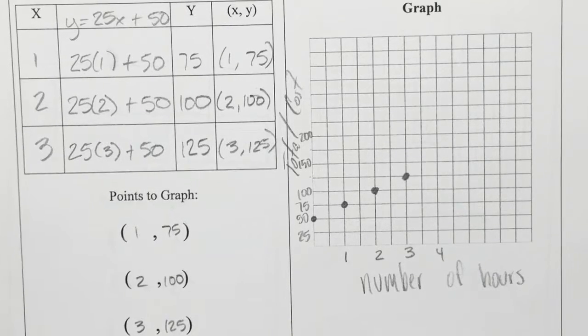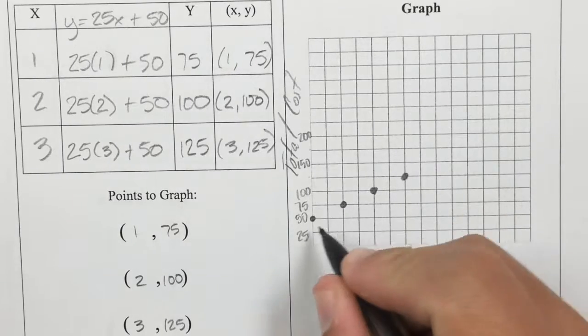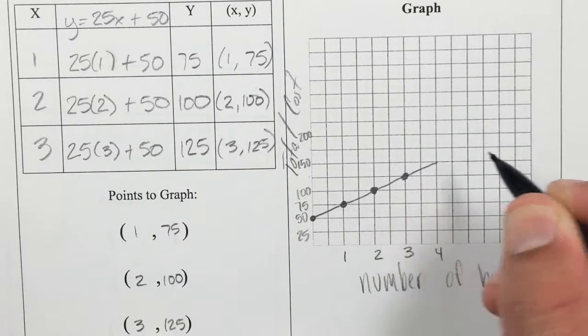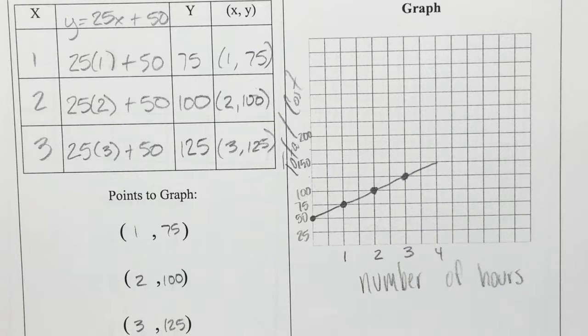Okay, that's just the way it works in the real world sometimes. But let's just say he's an honest guy and he's going to charge you for the real time he works. So that would be an example of continuous data. All right, so we draw the line.